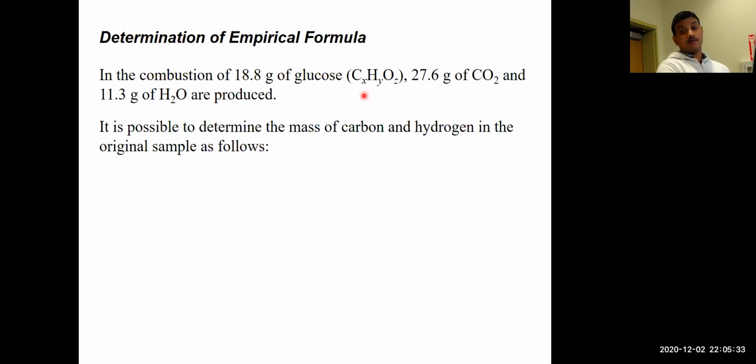You were told that you started the combustion analysis with 18.8 grams, and after the combustion analysis, 27.6 grams of carbon dioxide and 11.3 grams of H2O are produced. Using this information, let's identify the empirical formula of glucose and eventually maybe the molecular formula of glucose, right?